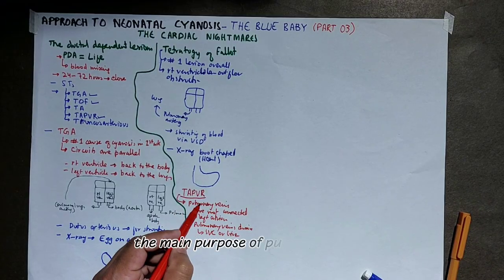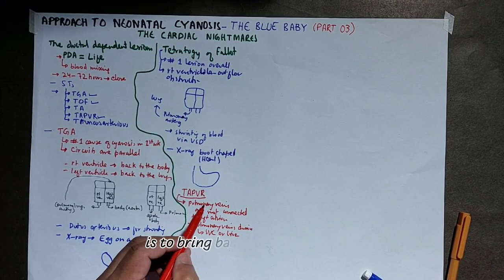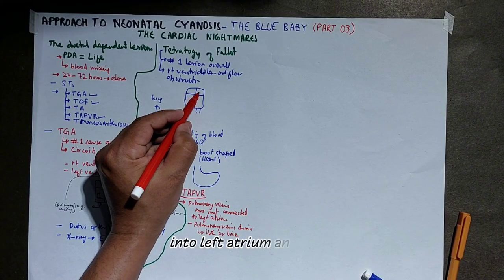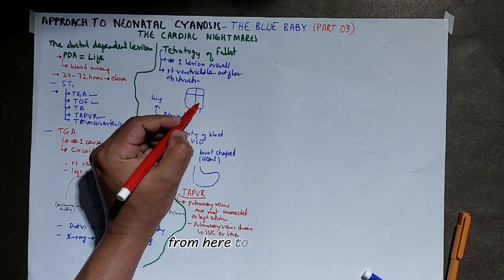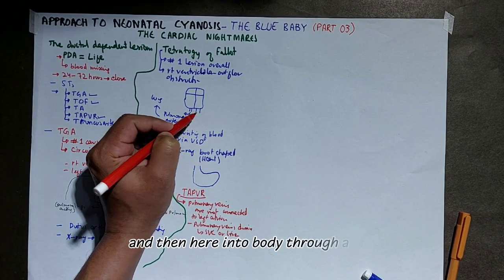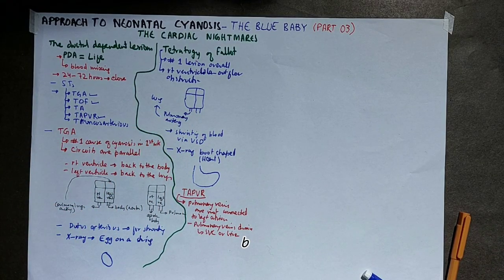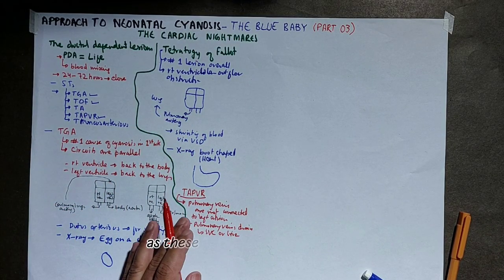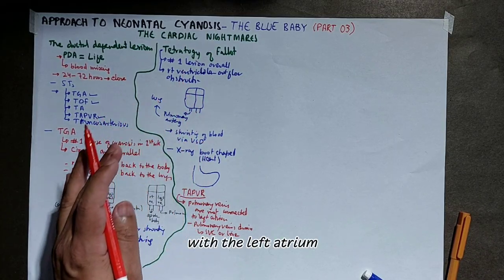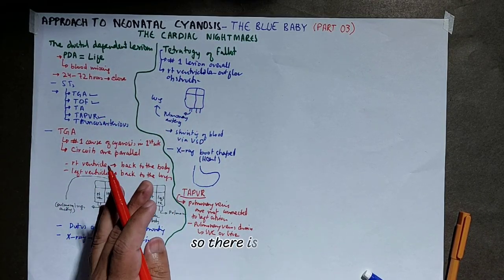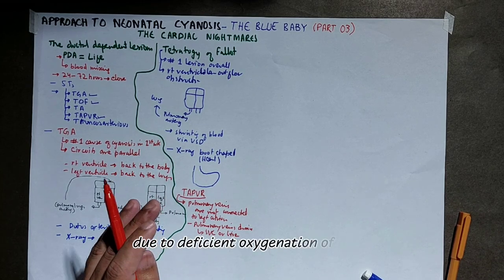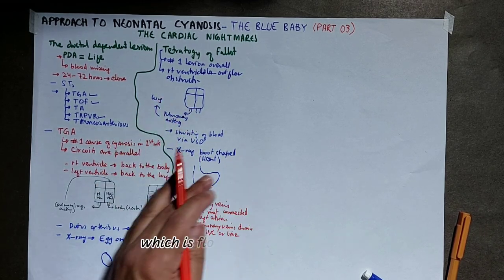The main purpose of pulmonary veins is to bring back oxygenated blood into the left atrium and then to the left ventricle and then into the body through the aorta. But as these veins are not connected with the left atrium, there is cyanosis due to deficient oxygenation of blood which is flowing through the aorta.